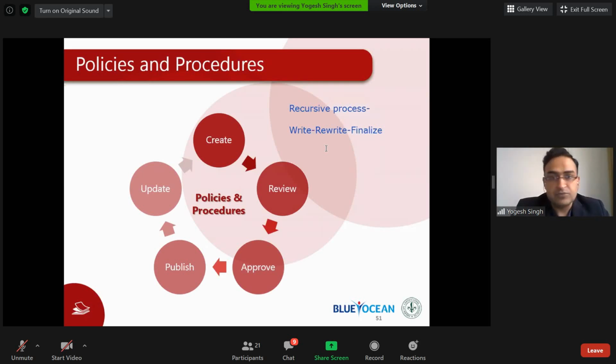For example, step one is you create a policy. Then we send this policy for review. When we create a policy, my personal process is we call it the first draft. Some people also call it rough draft.